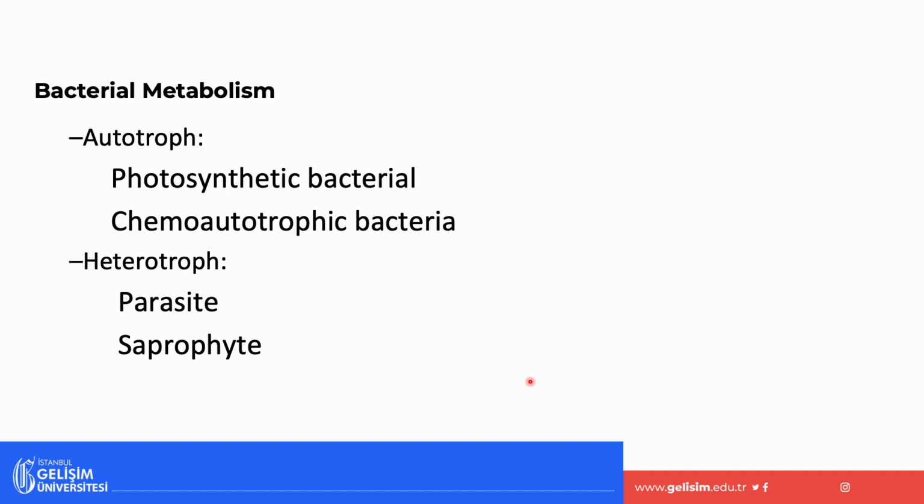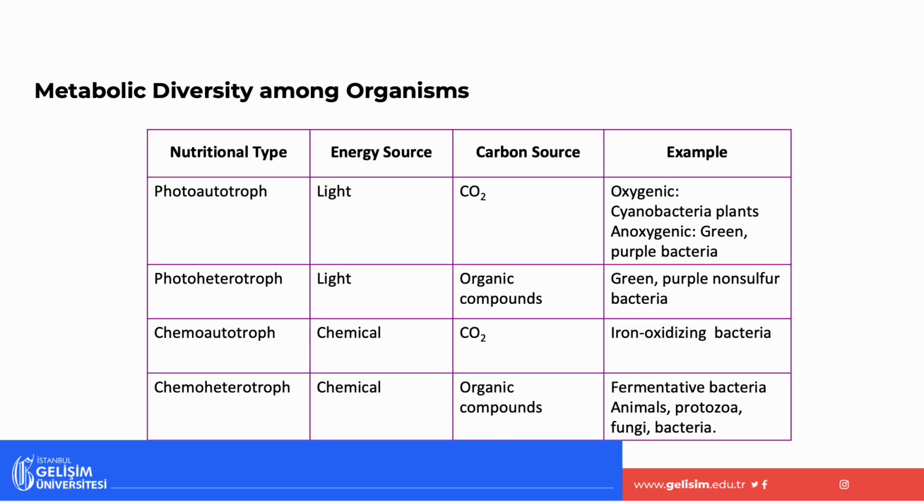Saprophytes, on the other hand, obtain their nutrients from dead or decaying organic matter, such as fungi, as well as some bacteria. So again, this table over here goes over what we just spoke about. It tells you their nutritional type, their energy source, as well as their carbon source, and some examples.